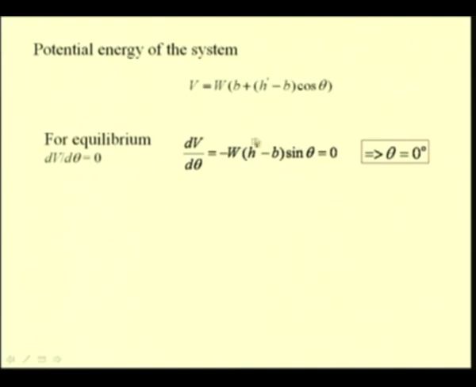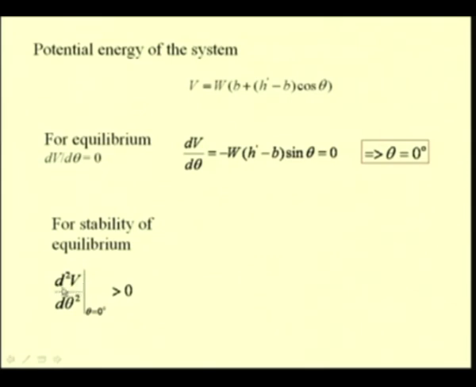And if we equate this to 0, these terms being constant, that is W, H prime and B, so this term becomes 0 only if sin theta becomes 0, which gives that theta equal to 0 is the equilibrium position. That means the vertical position is an equilibrium position, which also comes from our first visualization of the knob and its placement.